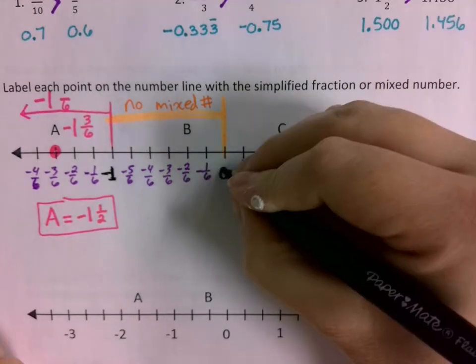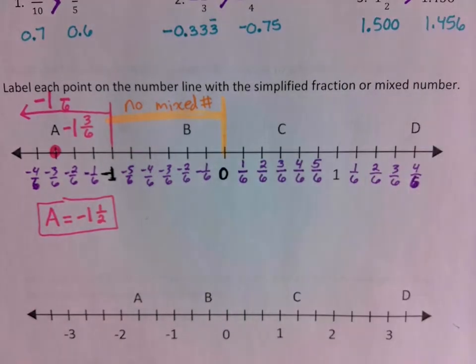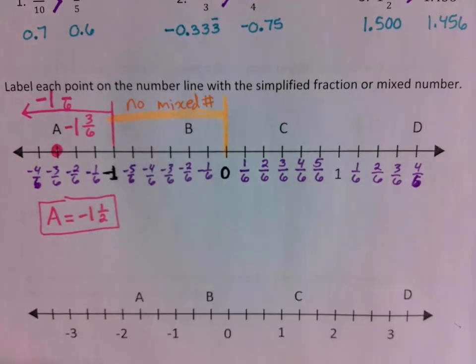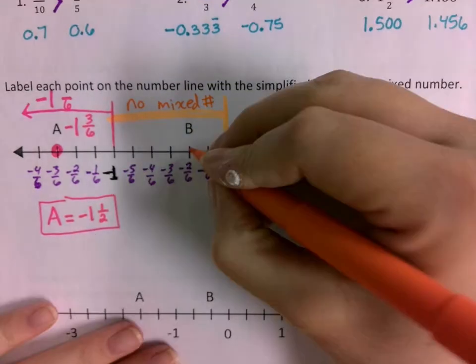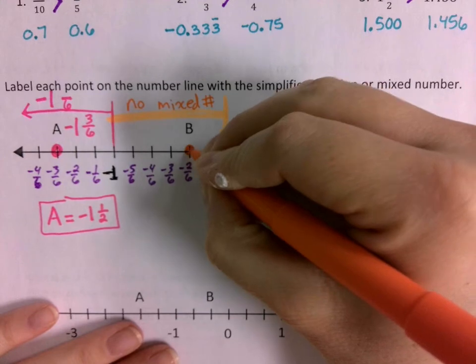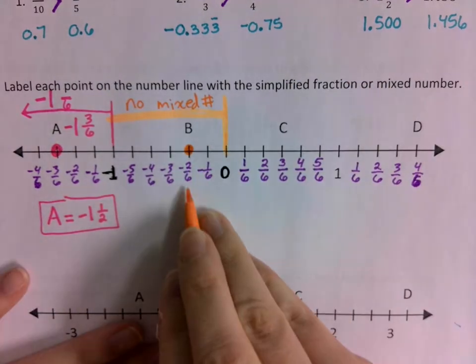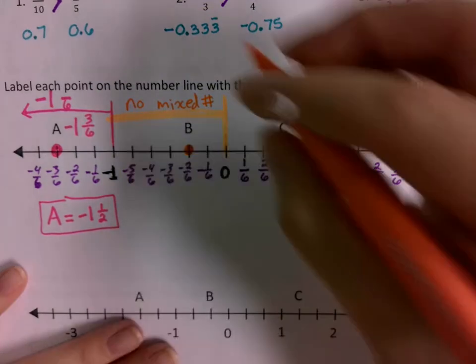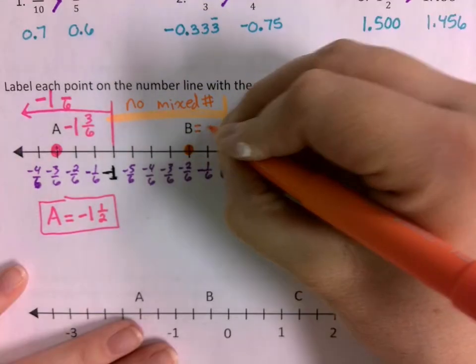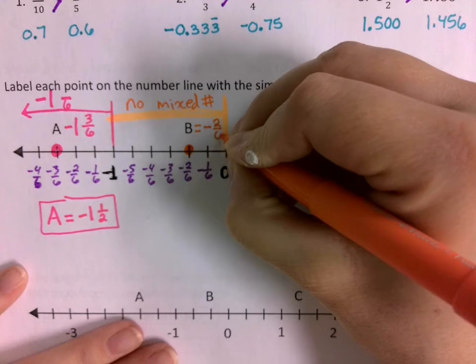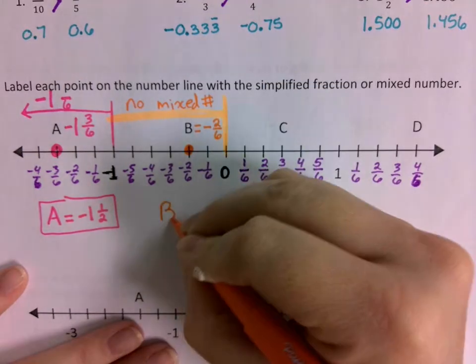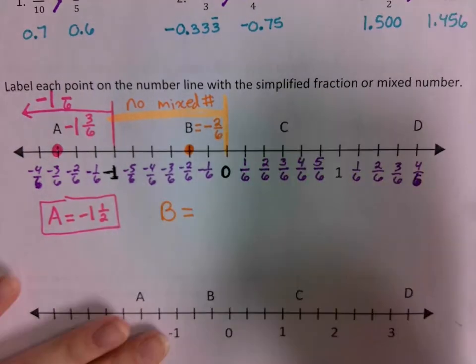So let's take a look at problem B. Problem B is located right here. Since there is no mixed number portion, it's just going to be equal to that fraction. What is the fraction? -2/6. Now, of course, we would always want to type it in the calculator to see if it can simplify, which it could. It becomes -1/3.